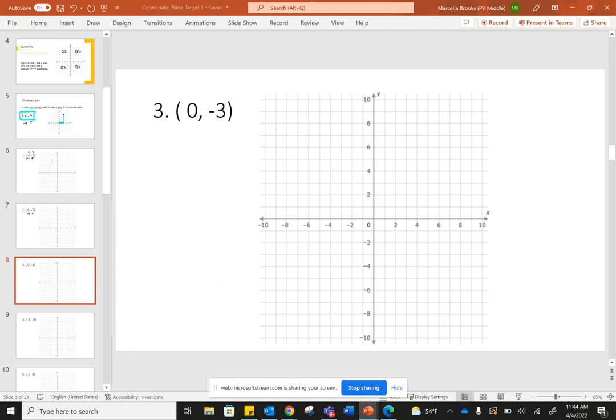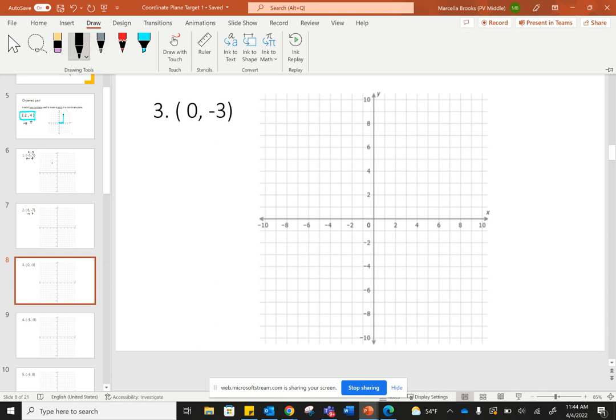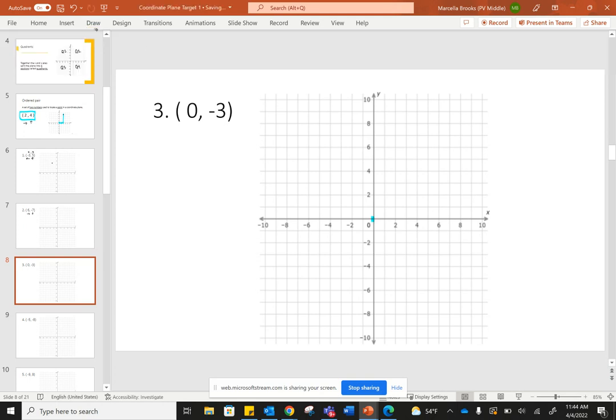Let's do this one. So we have our first coordinate there. Our x value is 0. Let's look at what that's going to look like. That means we're not going to move left or right. We're just staying there. The only movement we'll be doing from the origin is that -3. That tells me to go down 3.